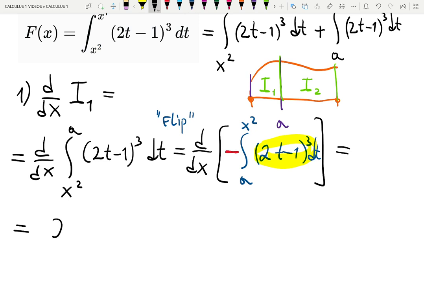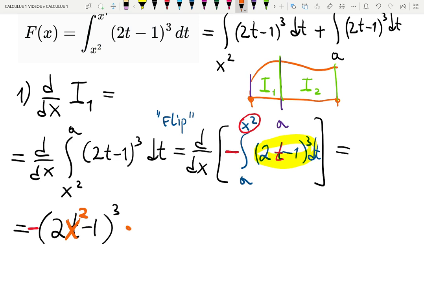The function inside is (2t minus 1) cubed, but also negative in front. Let's not forget that, negative in front. But instead of t, now I will have x squared. So let me substitute x squared instead of t. Then I notice that x squared is a function inside of the (2t minus 1) cubed function.